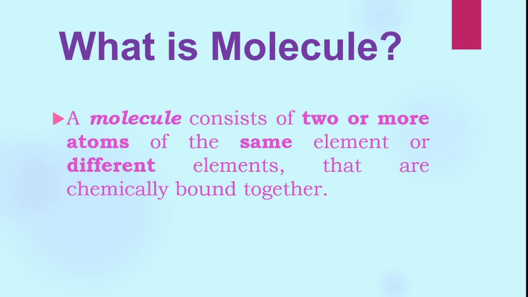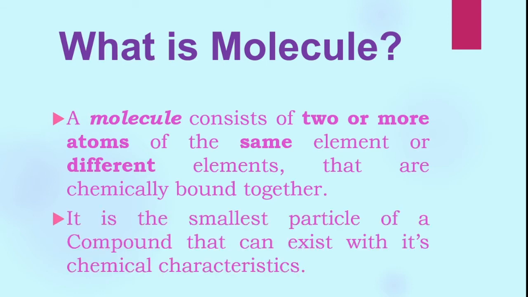So, a molecule consists of two or more atoms of the same element or different elements that are chemically bound together, and it is the smallest particle of a compound that can exist with its chemical characteristics. If we divide a molecule into atoms, it loses the characteristics of the molecule.